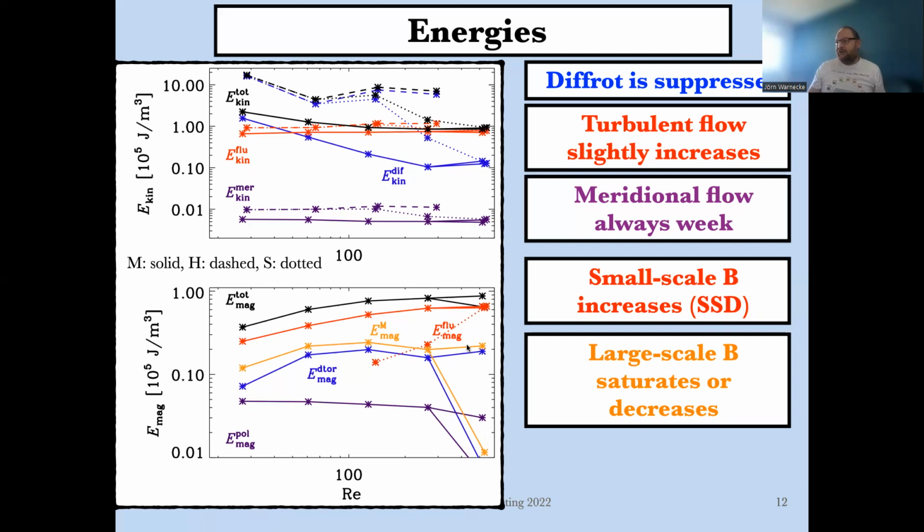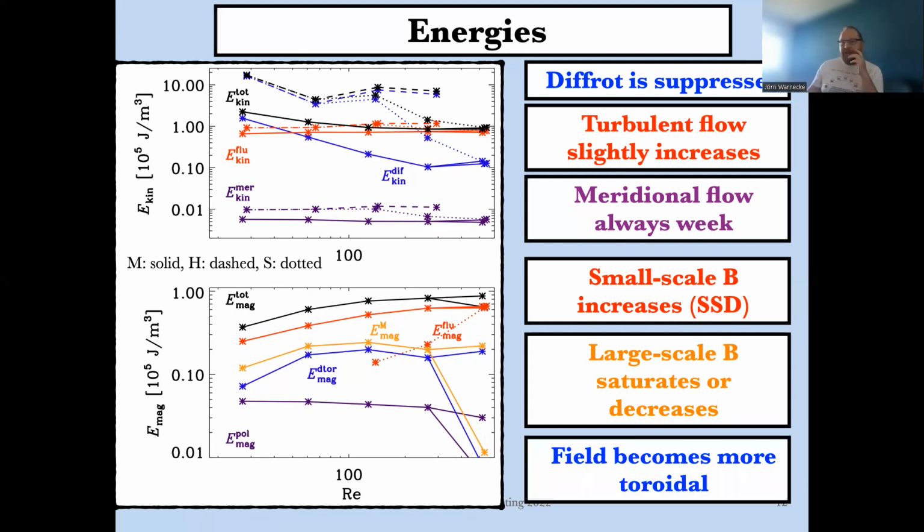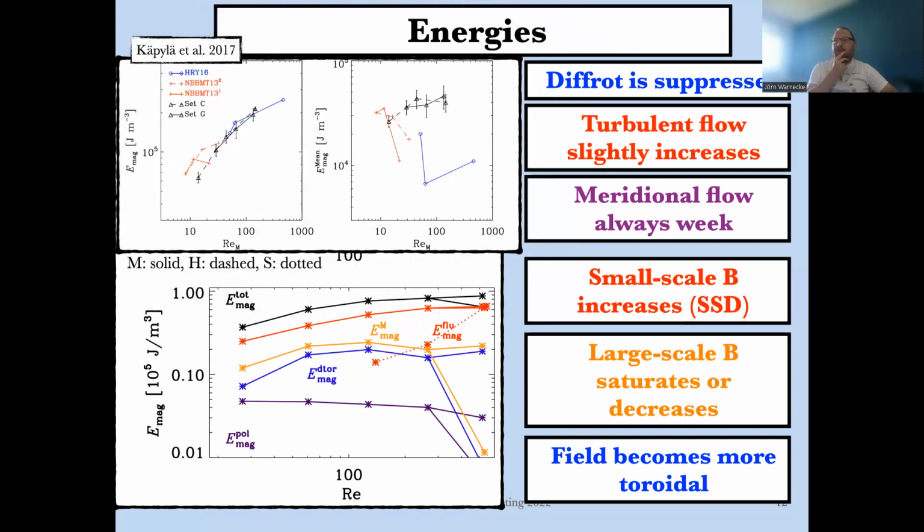So it increases, and interestingly the field also becomes more toroidal. The blue one is the toroidal field and the purple one is the poloidal field. The higher you go with the Reynolds number, the more toroidal it becomes. You can, for example, compare this with earlier work by Petri et al., where he looked at different codes, different other simulations.